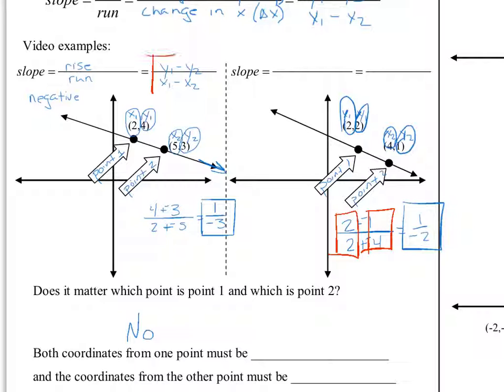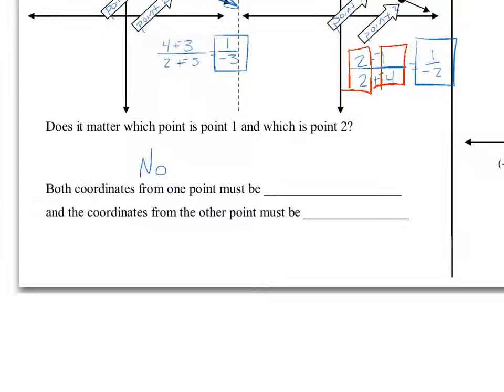So when we think about our equation, they should be on top of each other. So both coordinates from one point must be, we'll just say, on the left. And the coordinates from the other point must be on the right.